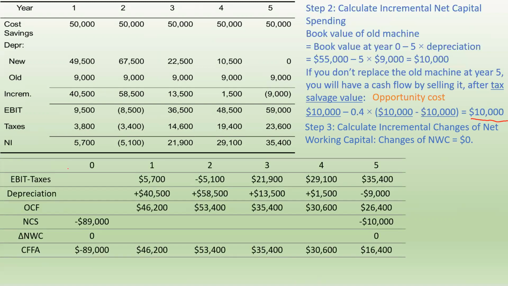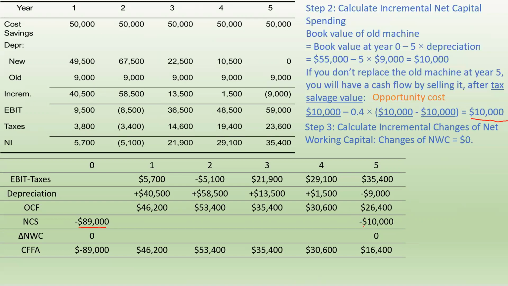So EBIT minus tax, which is net income, those are what we get here. The depreciation, we add it back. And we found the operating cash flows, and the net capital spending at t equal to 0 is this. And at t equal to 5, that is a negative number.